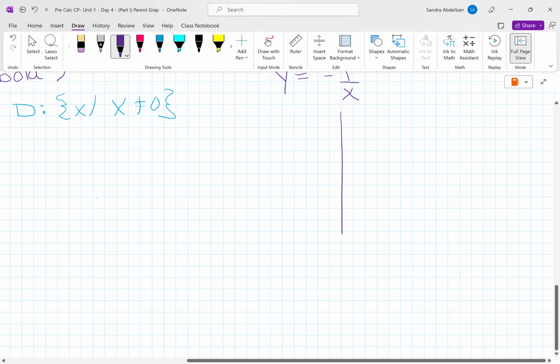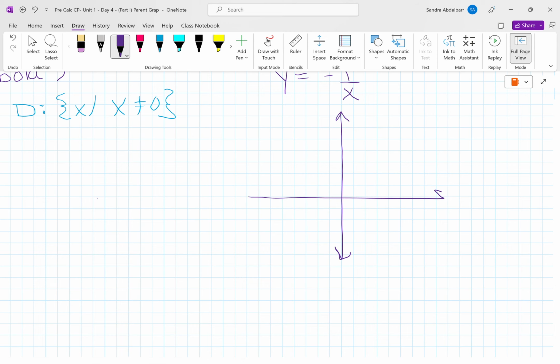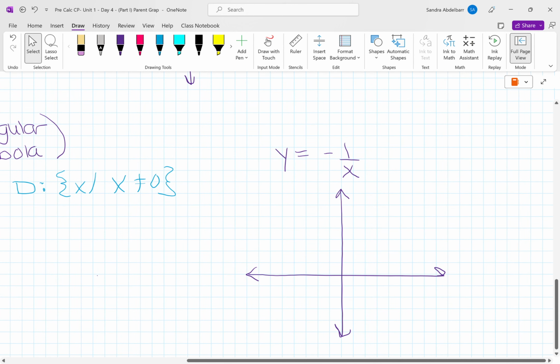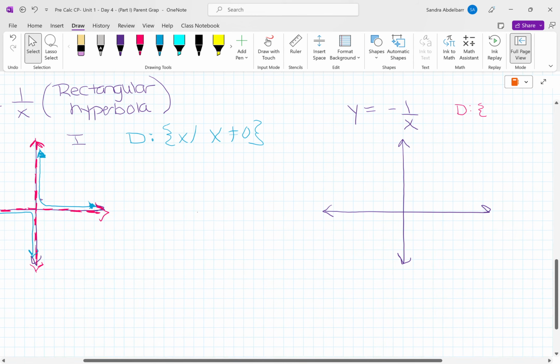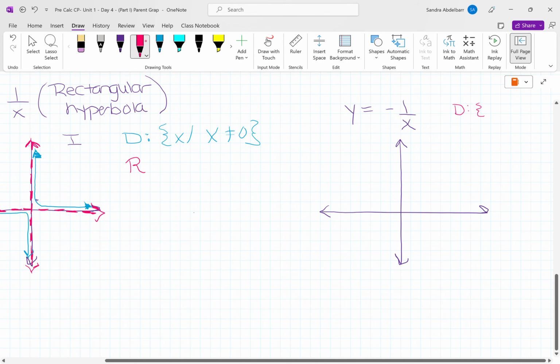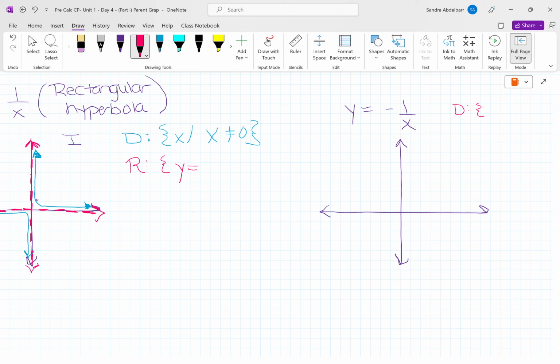Okay, let's negate this. And now when we negate it, we're still going to have that same domain. Oh, sorry, what was the range for this one?